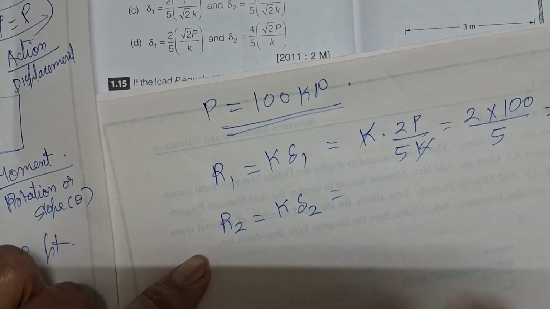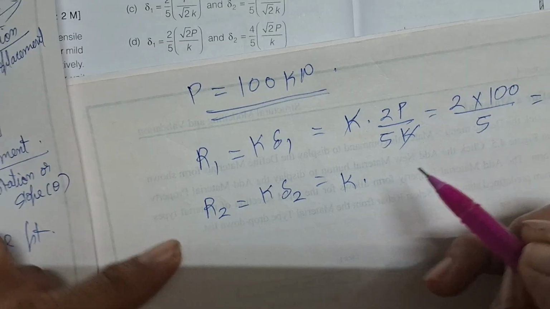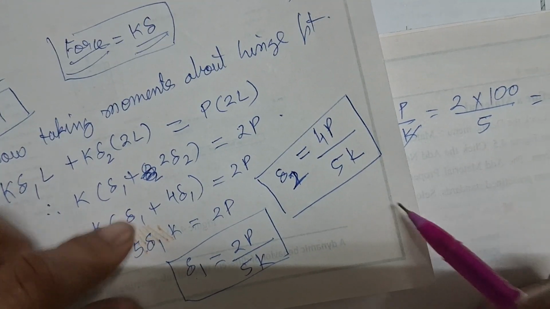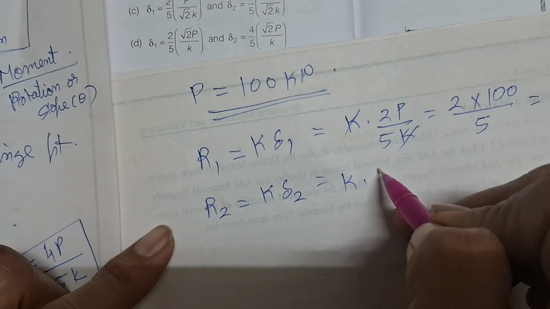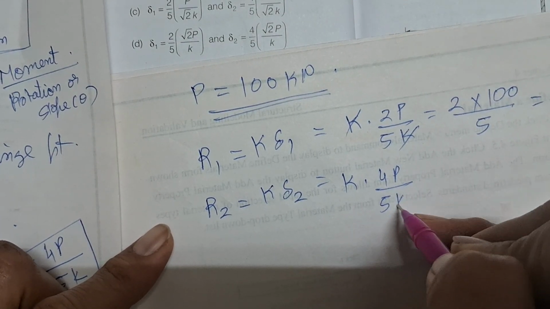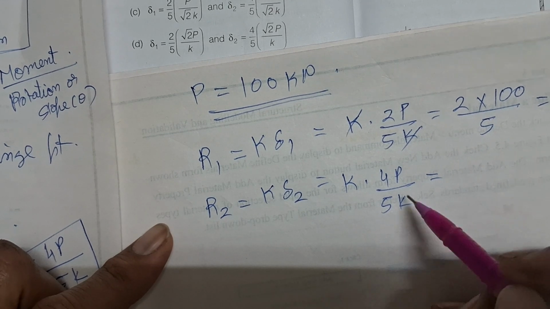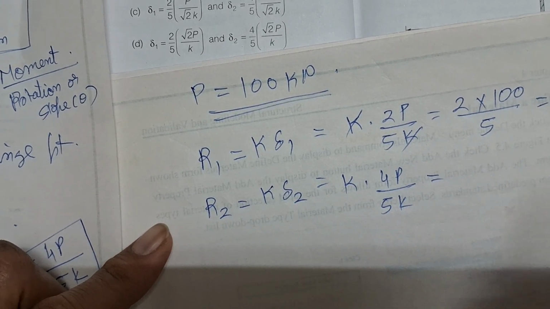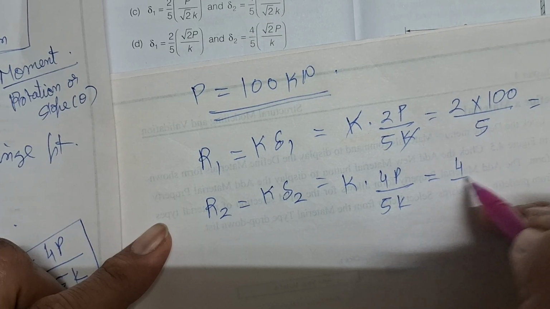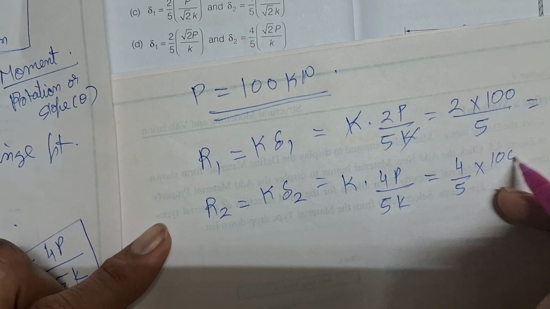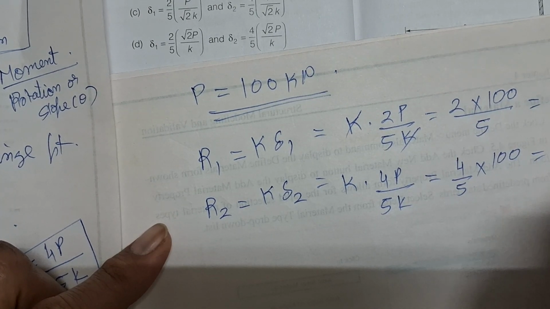In the same way K delta 2, that is K into delta 2. Delta 2 we just found out is 4P upon 5K, K cancels. Don't worry that K is not given, K will eventually get cancelled. So it will be 4 by 5 into 100, so it is 80 kilonewton.